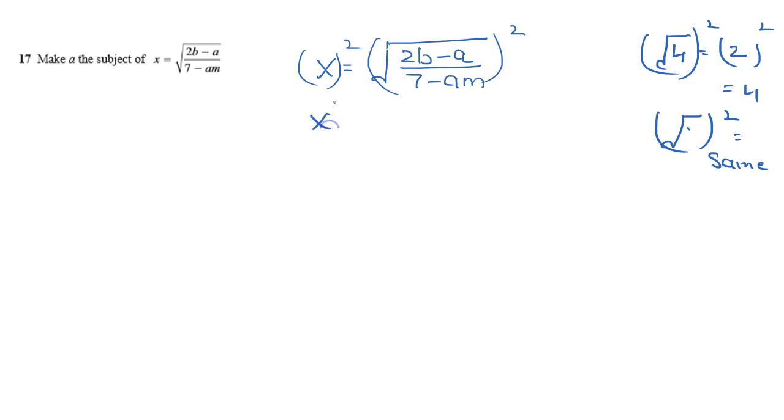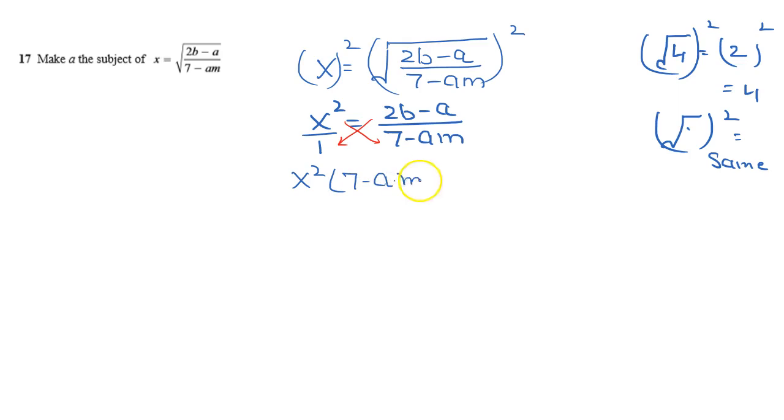So x square will be (2b minus a) over (7 minus am). Let's say this is over 1, so we do the cross multiplication. So it will be x square times (7 minus am), and this is equal to 1 times (2b minus a).